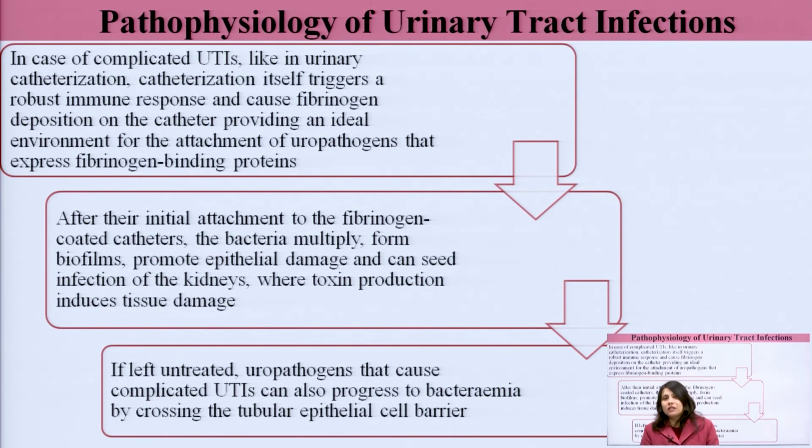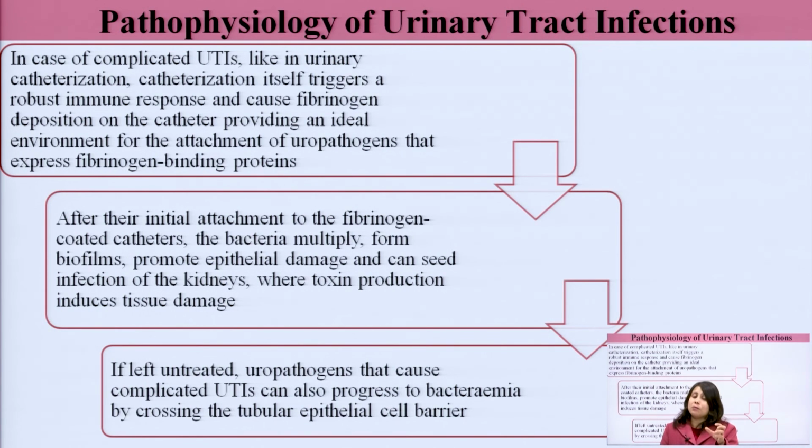So when a urinary catheter is used, it provides a very good base. It triggers an immune response and there is fibrinogen deposition over the catheter. Fibrinogen is a precursor for fibrin, clot formation, right? So it is a very good base for various microorganisms that can express fibrinogen binding proteins.